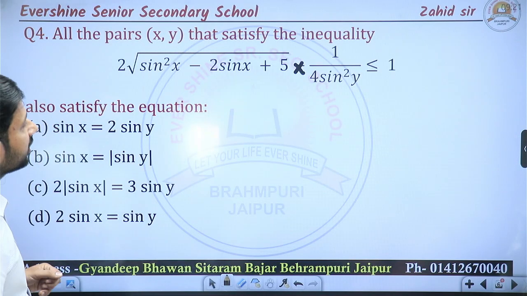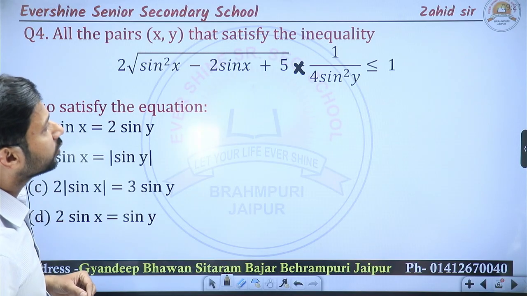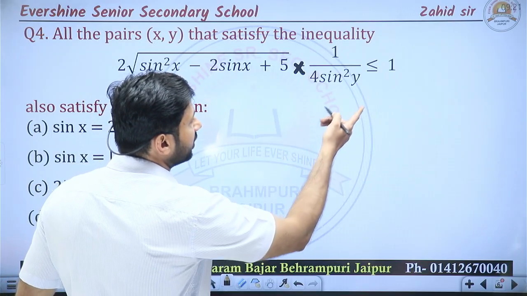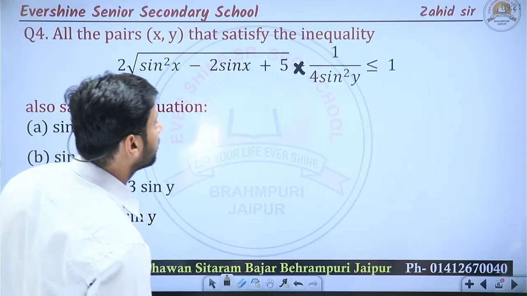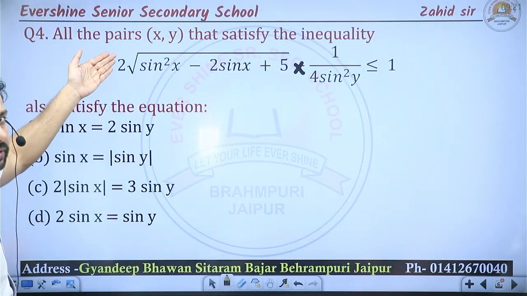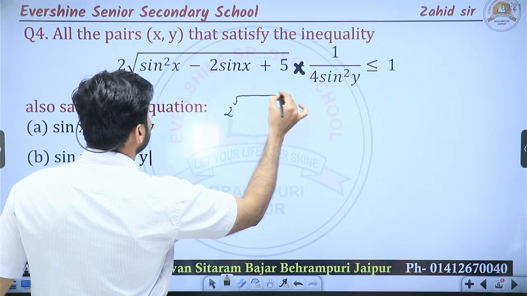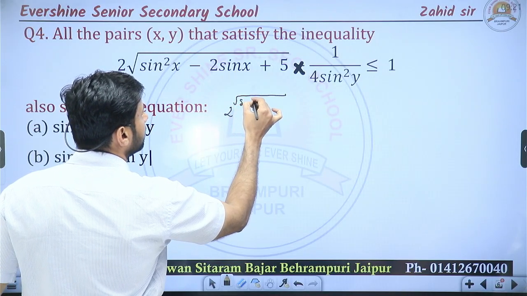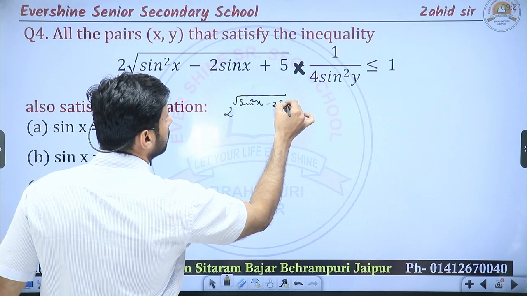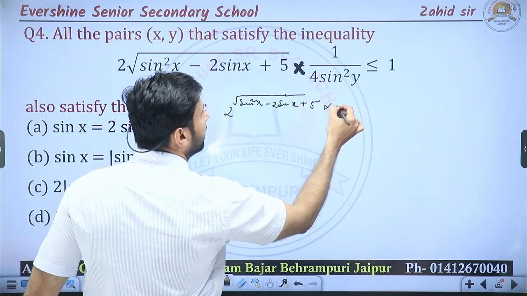2 sine square x minus 2 sine x plus 5 into 1 by 4 raised to the power 2y, less than equals to 1. This is given to you. Now beta, this is the power of 2. So 2 raised to the power sine square x minus 2 sine x plus 5, multiply with, this is 4.